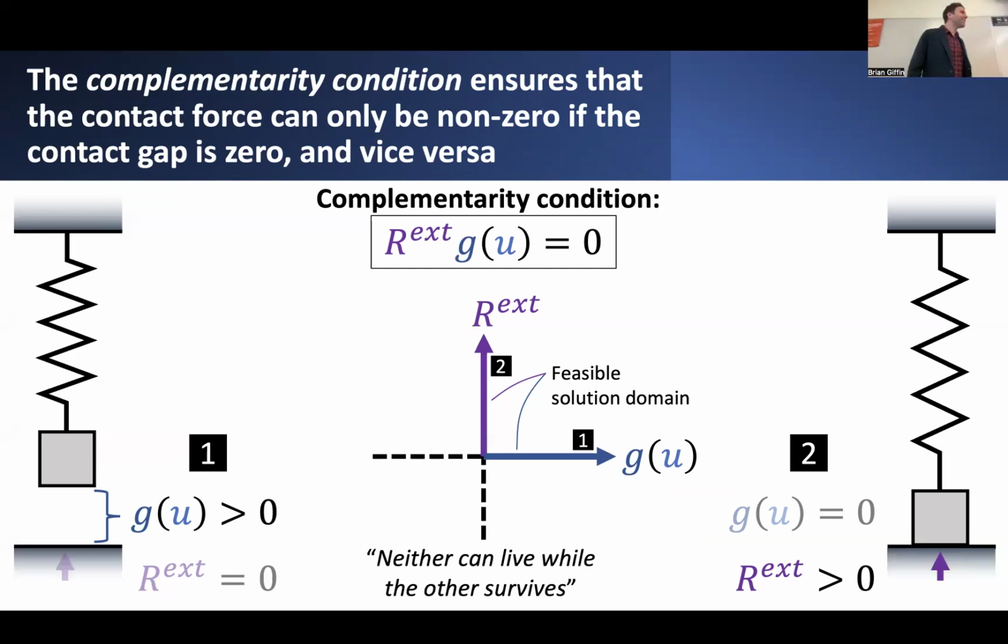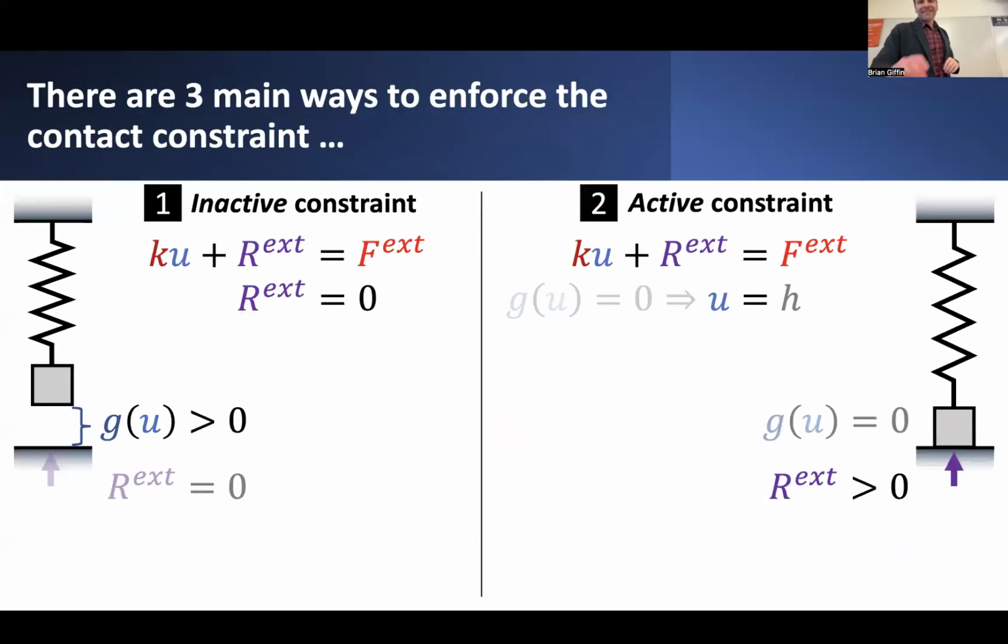So I can be anywhere on that curve, but nowhere can I be in this open region where they're both non-zero. I certainly can't be on the left end or the bottom end, because that would violate the positivity conditions for both of those variables. Okay, so that's complementarity.